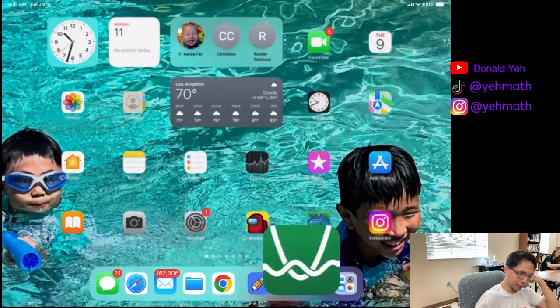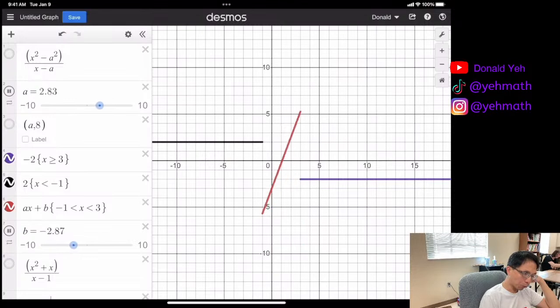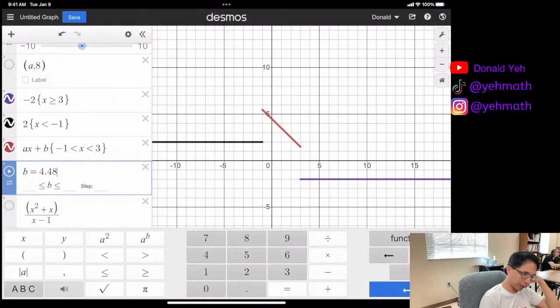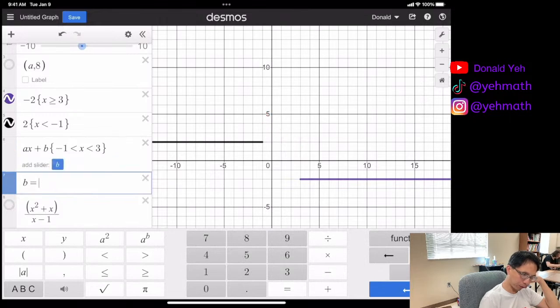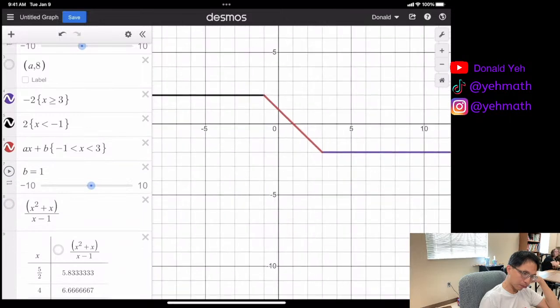Now if you find this out, what do we say? a is negative 1. And b is what? So only one possibility, and that's the answer.